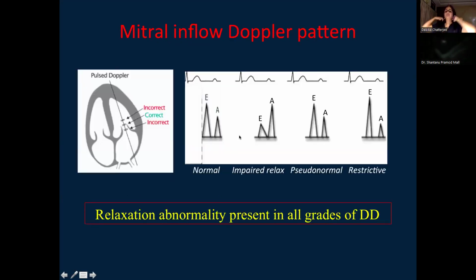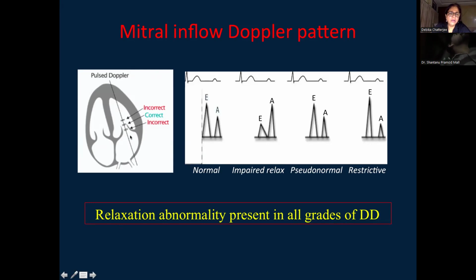Now let us go to the mitral inflow Doppler pattern after the LA volume. This is very important. How do we do it? We go to the apical 4-chamber view, and we get the cursor. Where do we place the sample volume? We place the sample volume at the level of the tip of the mitral valve leaflets, not inside the left atrium, not inside the left ventricle.